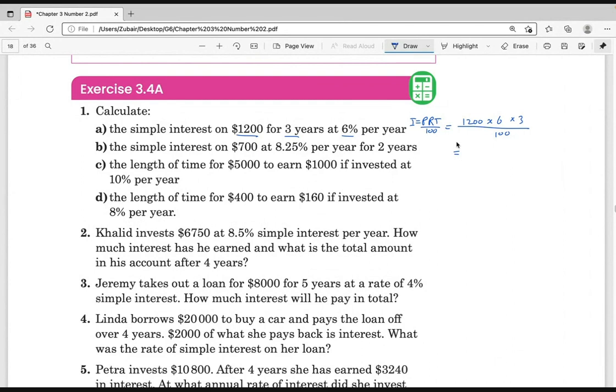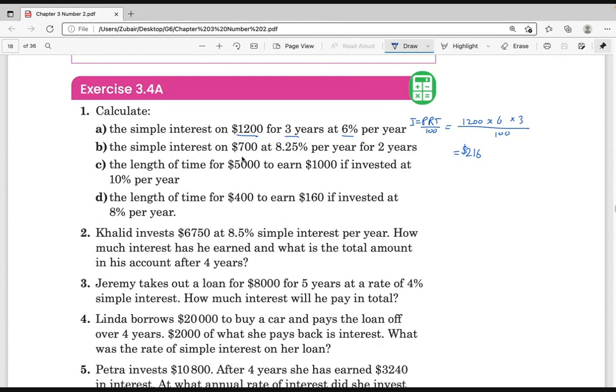Calculator. So 1200 into 6 into 3 divided by 100 is 216. So one would have to pay an interest of $216 on a principal of 1200, lent for 3 years at 6% yearly interest.